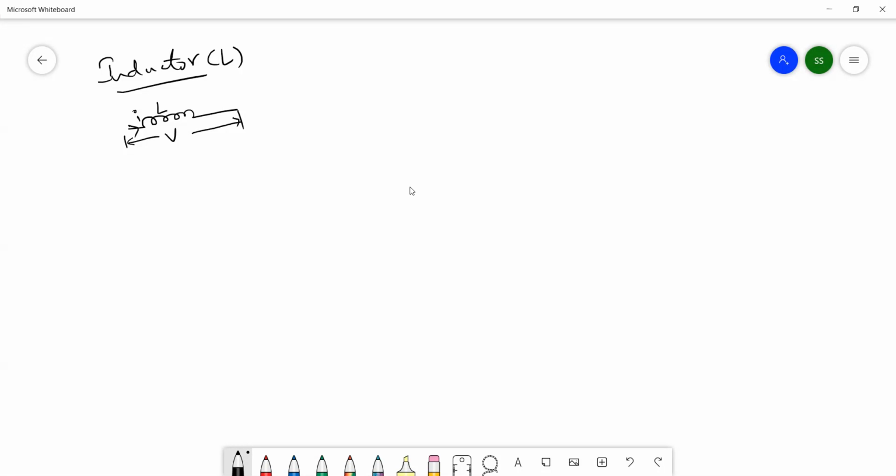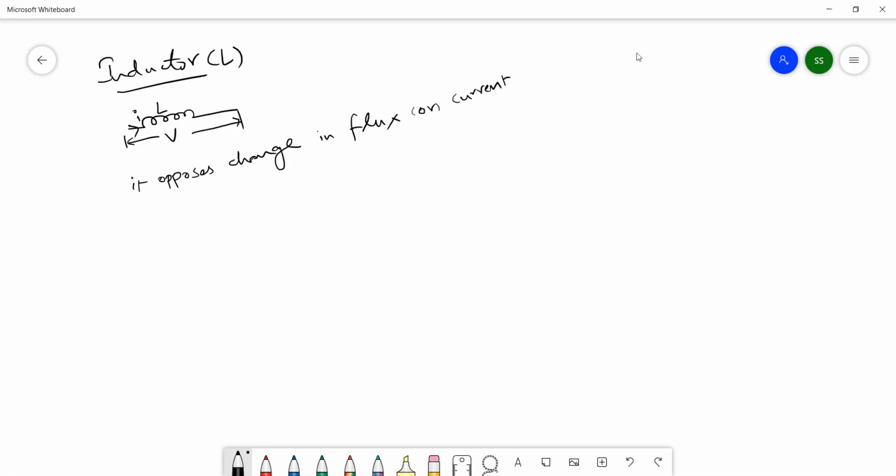All of you note it down. It is the property of a circuit element by which it opposes the change in flux or current.